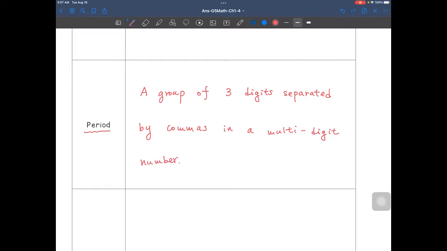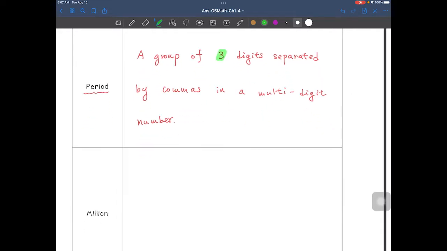So a period is a group of 3 digits separated by commas in multi-digit numbers.